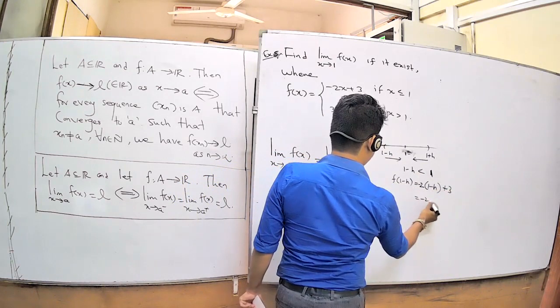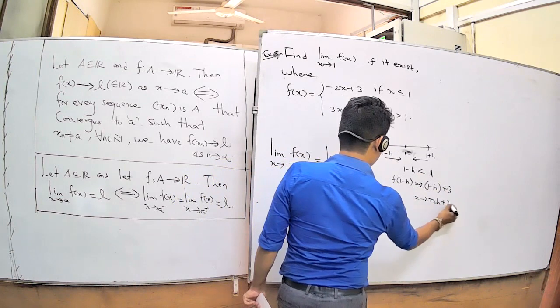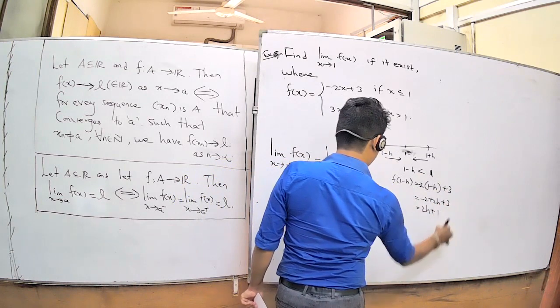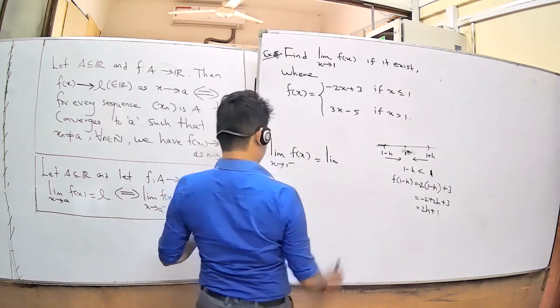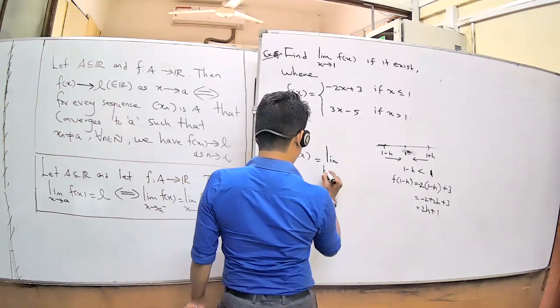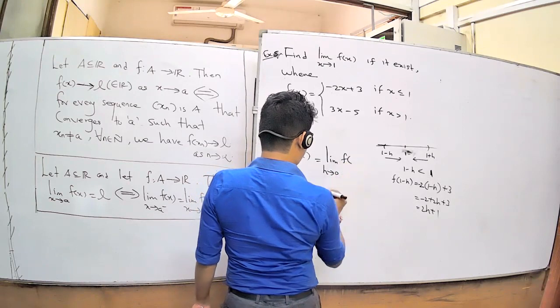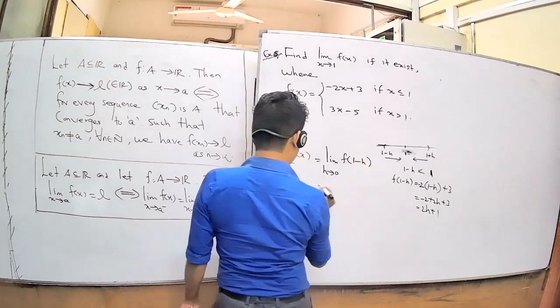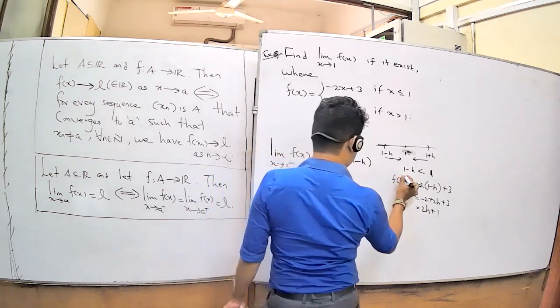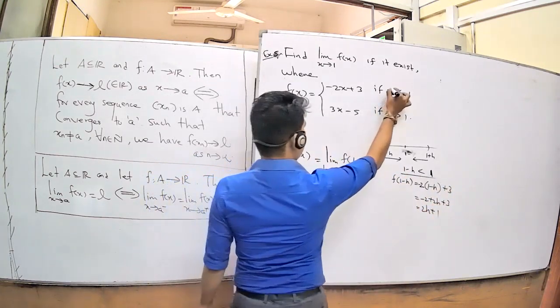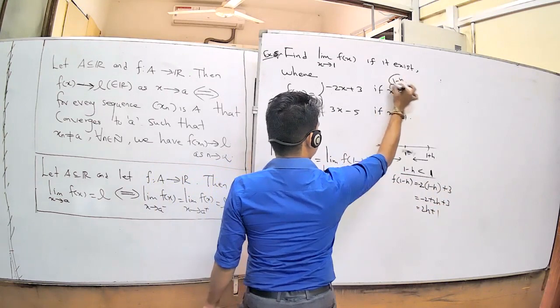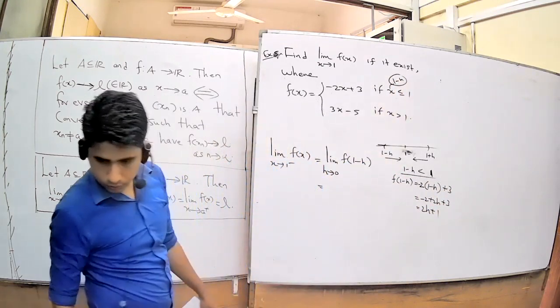Then you get minus 2 plus 2h plus 3, then 2h plus 1. Then limit of h tends to 0, f of 1 minus h. In this case 1 minus h is less than 1.